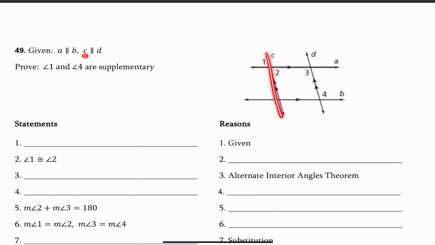C, D, these two lines are parallel, and they have those two arrows. So let's go ahead and begin the proof. A is parallel to B, C is parallel to D, and that's given.